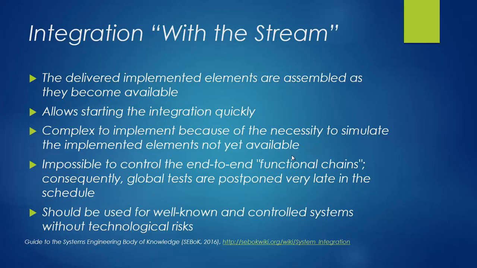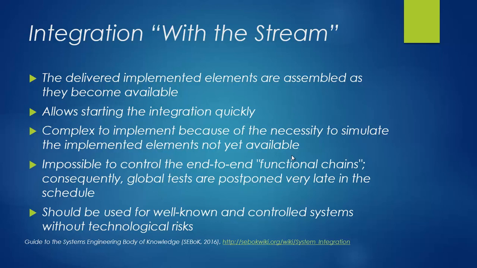Another technique is the integration with the stream, where the delivered implemented elements are assembled as they become available. This technique will allow starting the integration as quickly as possible, but it will be complex to implement because of the necessity to simulate the implemented elements that are not yet available.